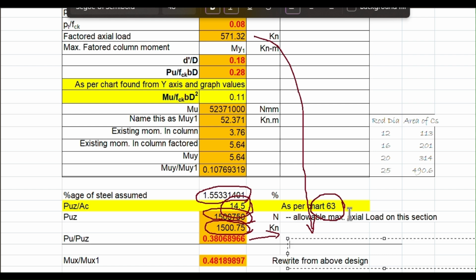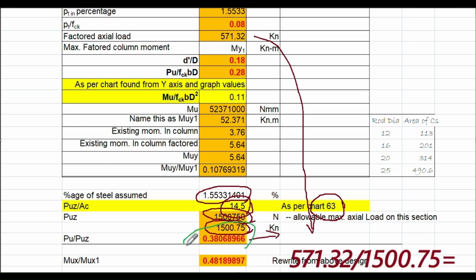The factored axial load is 571.32 divided by the resistance of the column, 1500.75, which gives 0.380697. That value we have already written here.